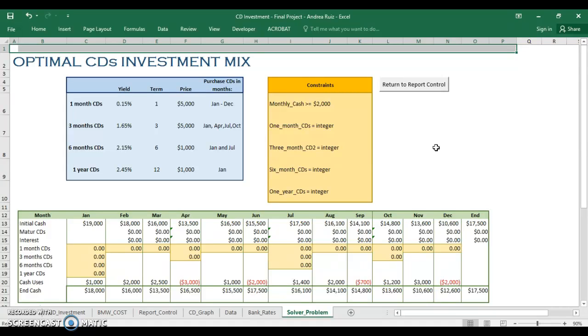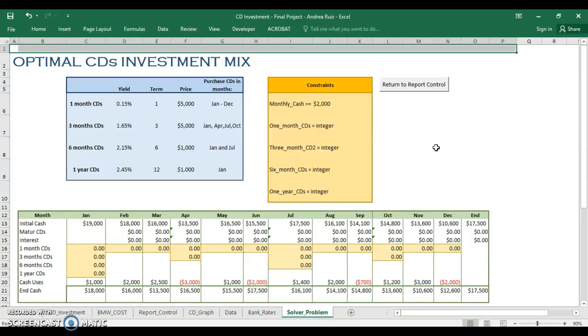I am going to use Excel Solver, which is part of a suite of commands called What If Analysis Tools, to find the optimal mix of CDs, meaning how many and what kind of CDs I should buy in order to maximize the earned interest, taking into account that I want to keep this safety cash margin of $2,000.